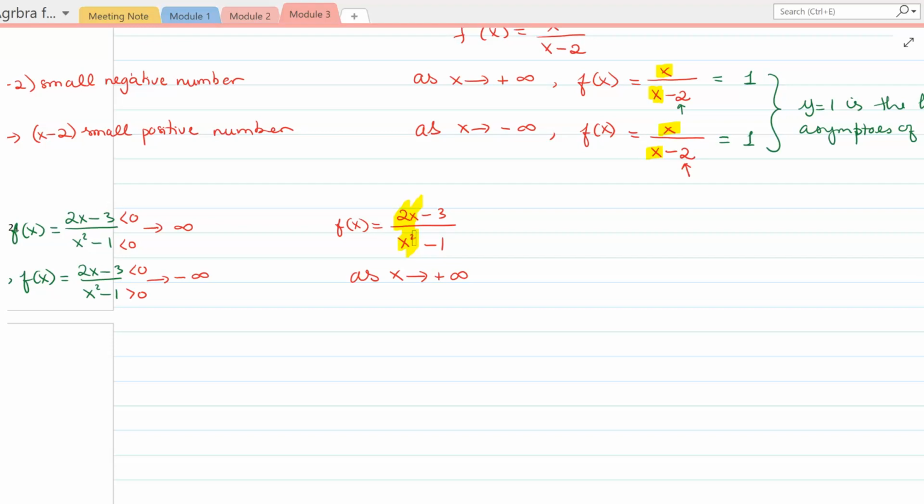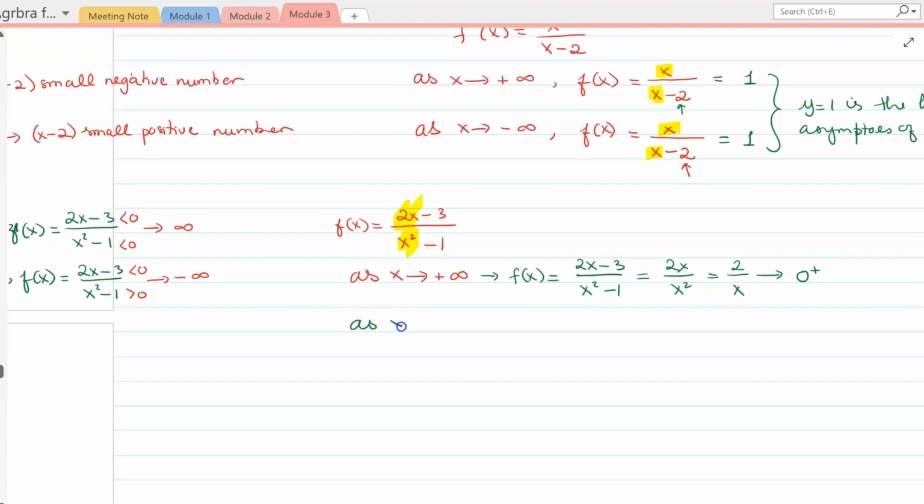This is telling me that the behavior of f of x solely depends on what happens to 2x and x squared. If it goes to positive infinity, this then just really becomes 2x divided by x squared. This is the same as saying 2 divided by x, right? And as x gets really large and goes to positive infinity, this is telling me that this is going to 0 from the right side.